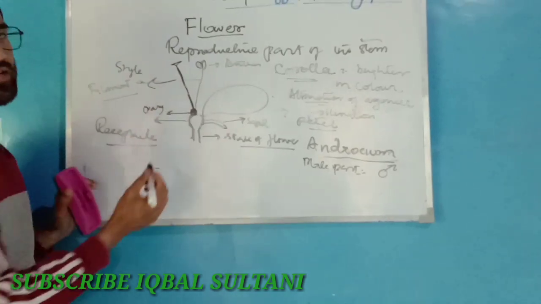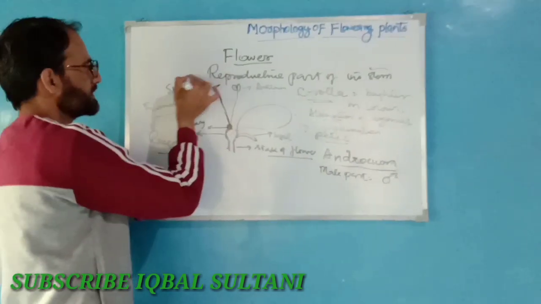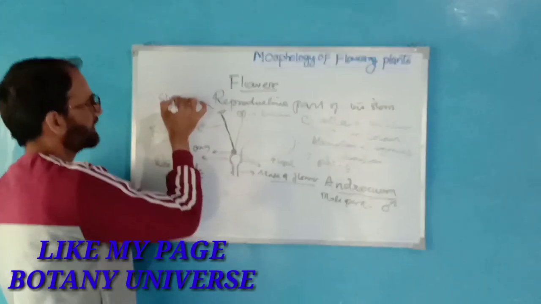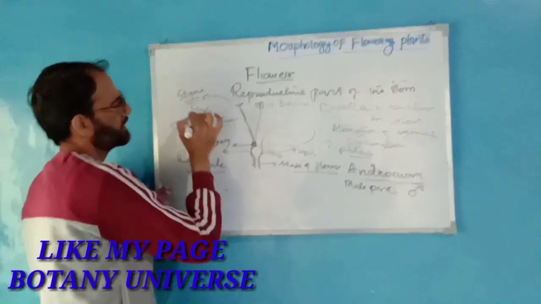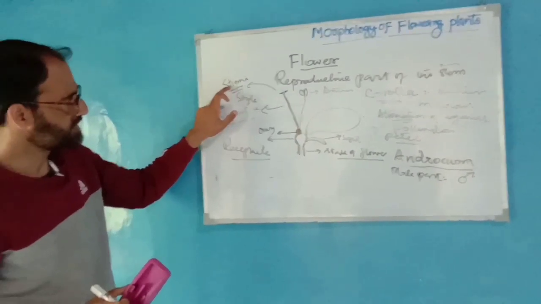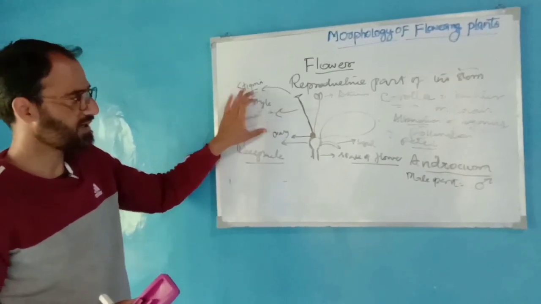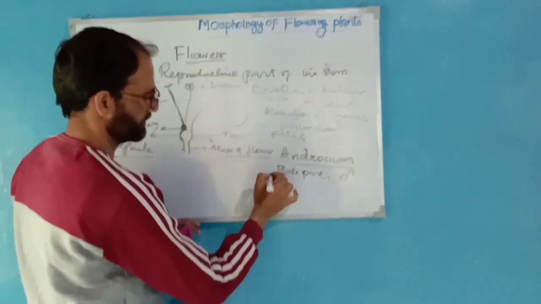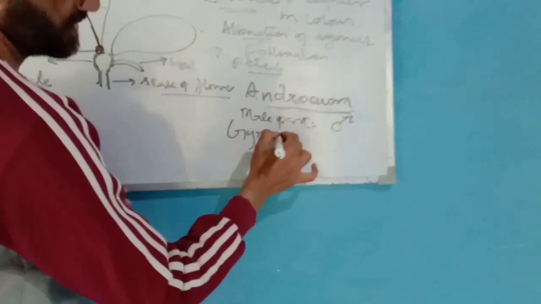This part is called as style, and the uppermost part is called as stigma. So these stigma, style and ovary are collectively called as gynoecium.